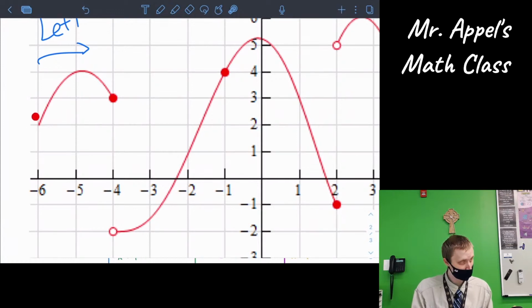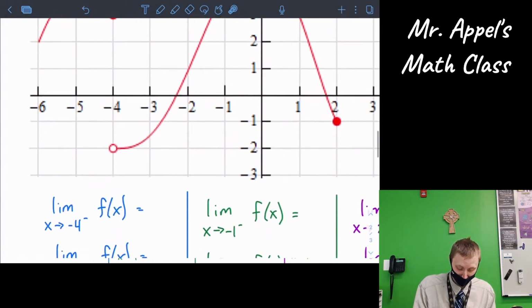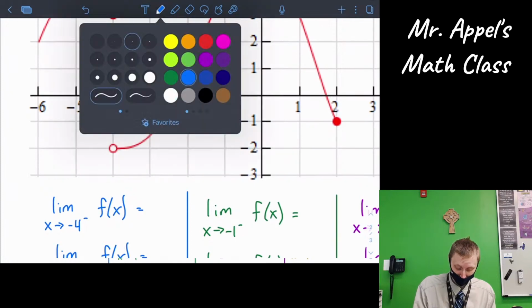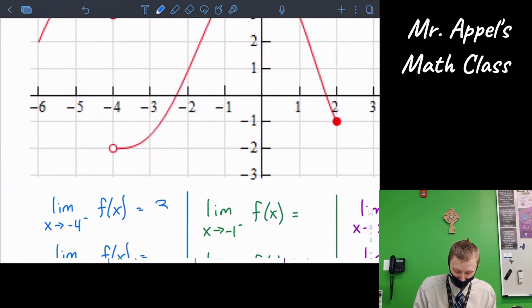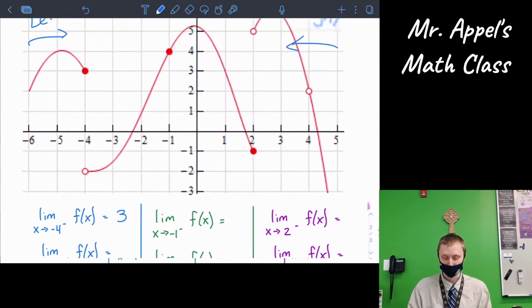So it's going to be here, and we're just going to walk along the graph till we get to -4. Where do we end up? This ends up at 3, so the limit from that side, and we'll stick with blue, is 3. Okay.